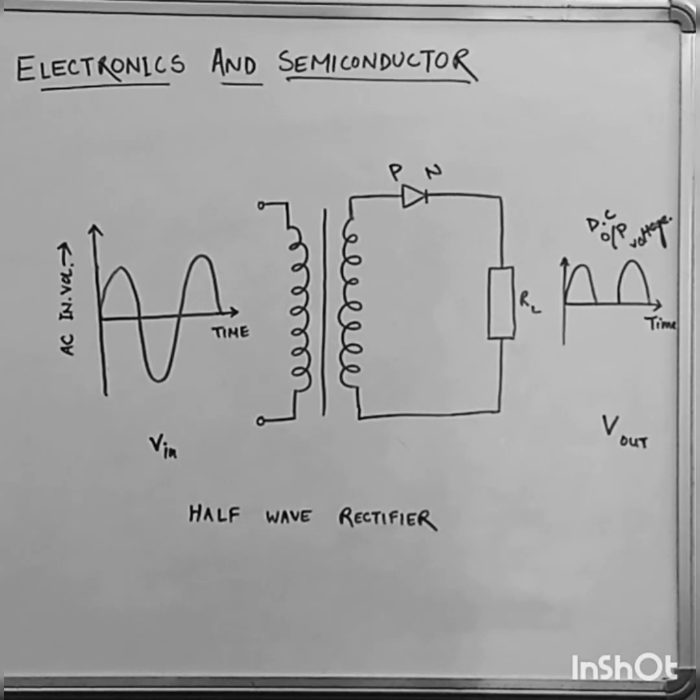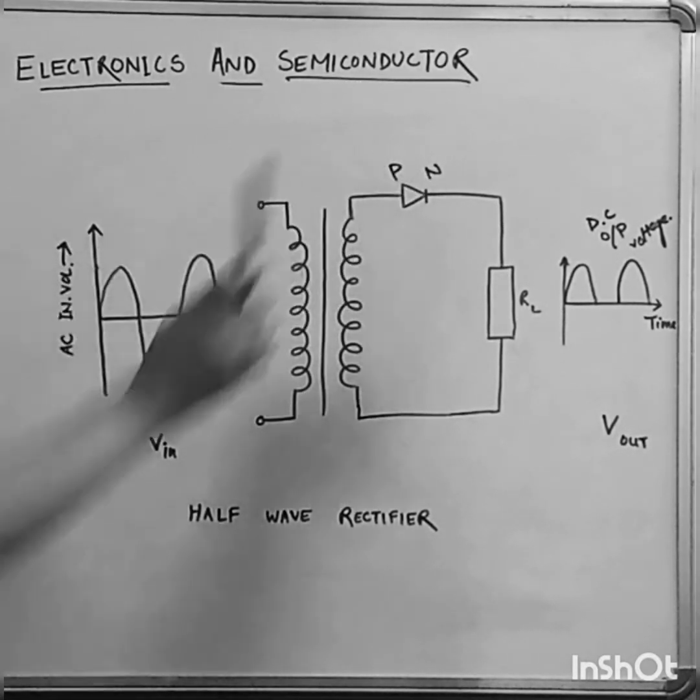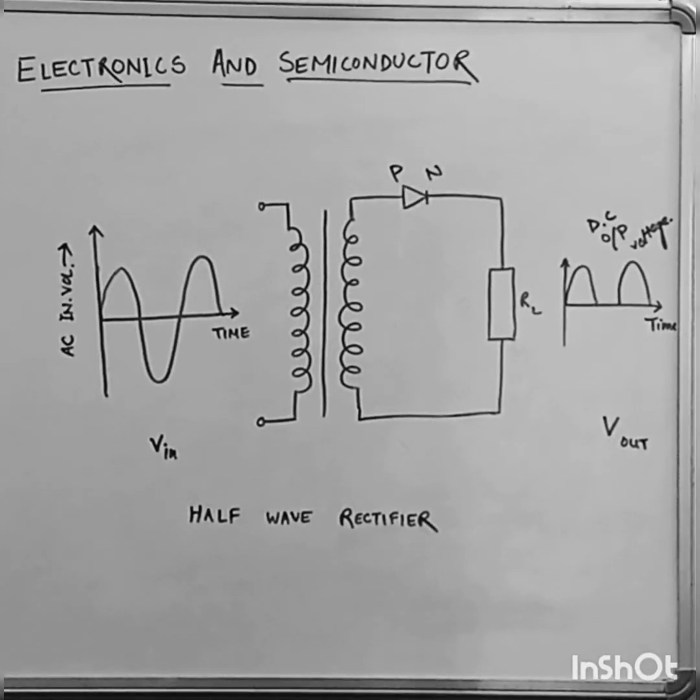That means from zero to maximum and back to zero we get current, because when the positive half cycle is on, the plate is at a positive potential with respect to the cathode, therefore the current will flow through the diode, this is P, this is N. This is the diode which is connected in the circuit. Okay, so during the positive cycle we get output.